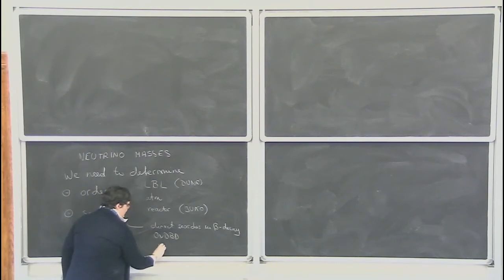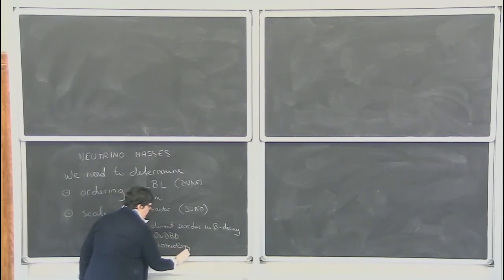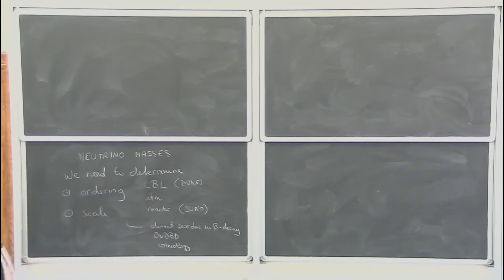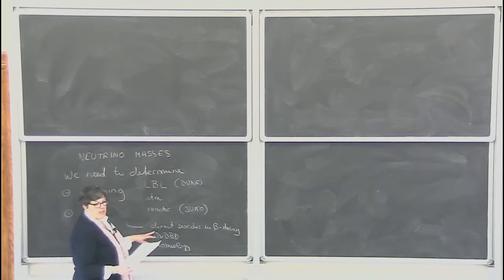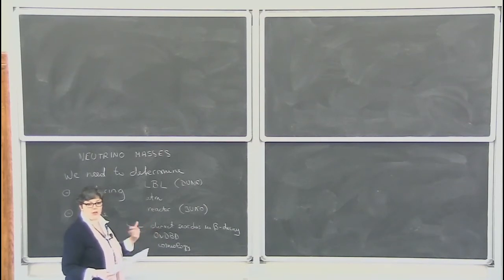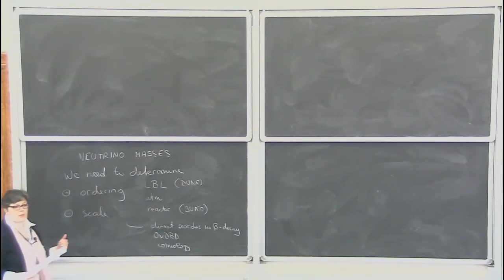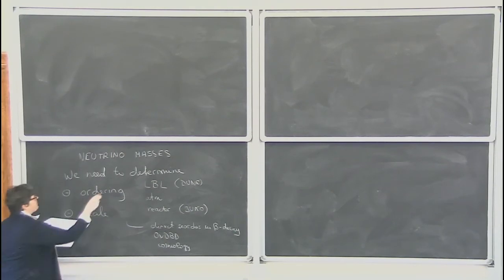And we should not forget cosmology, although we'll talk about this in the last lecture, because cosmology indeed has become the most sensitive way to measure neutrino masses that we have. So I want to mention briefly direct mass searches because the KATRIN experiment, after a very long time of preparation and commissioning, finally has presented its first results. It was very exciting a couple of months ago.